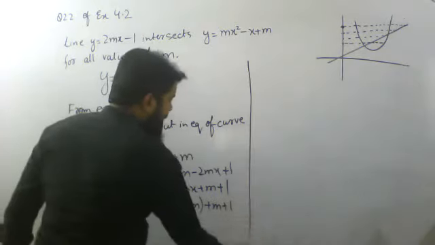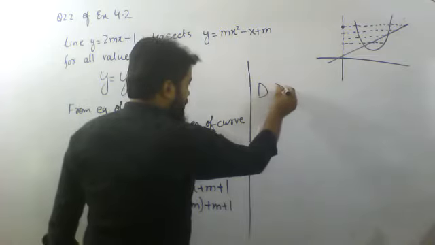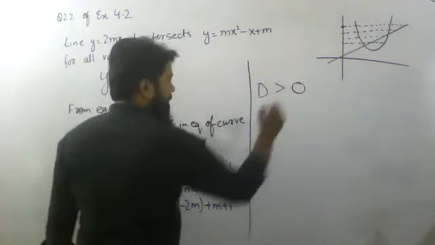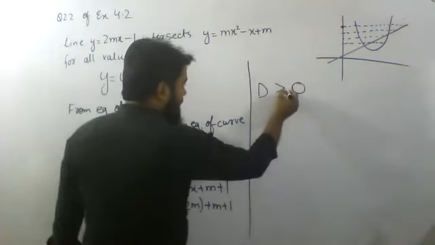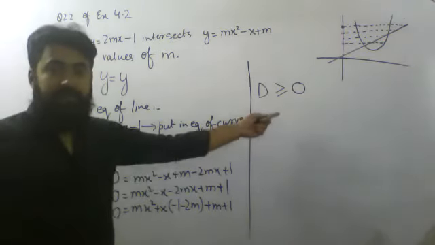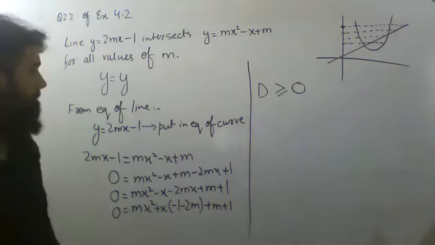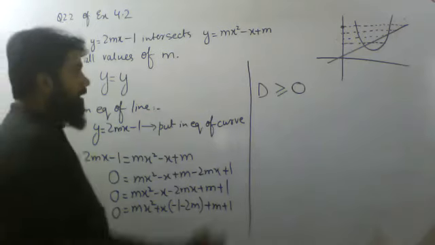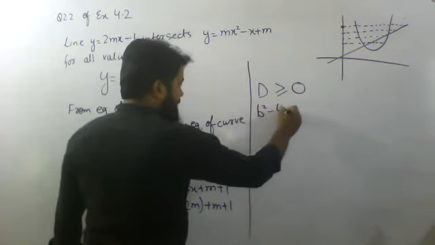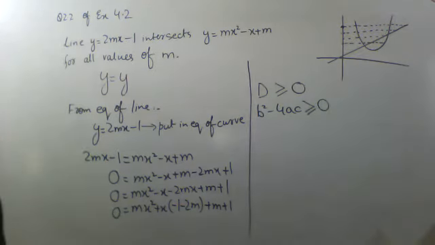I will say, maybe it is 2 intersection points, or maybe it is 1 intersection point. So b square minus 4ac is greater than or equal to 0.